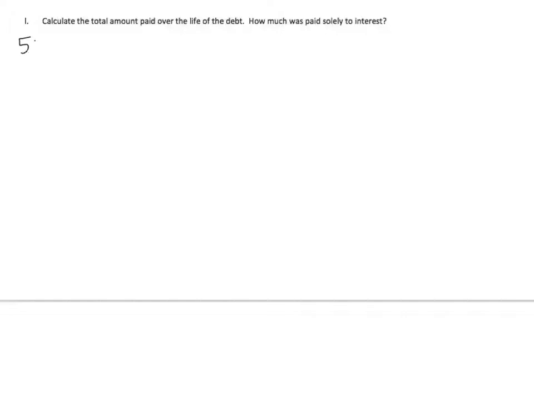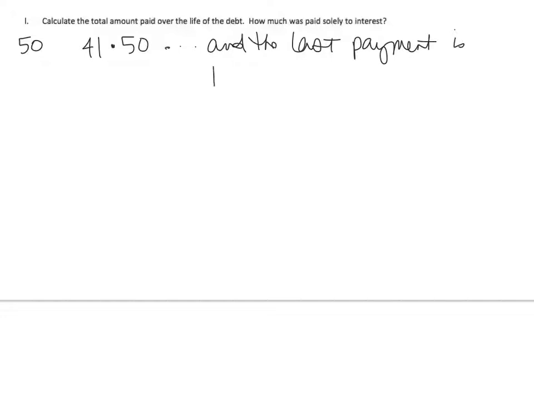So for R equals 50, the debt was paid in 41 payments of $50. And the last payment, because remember we said 42 months, is the amount B41 with interest.